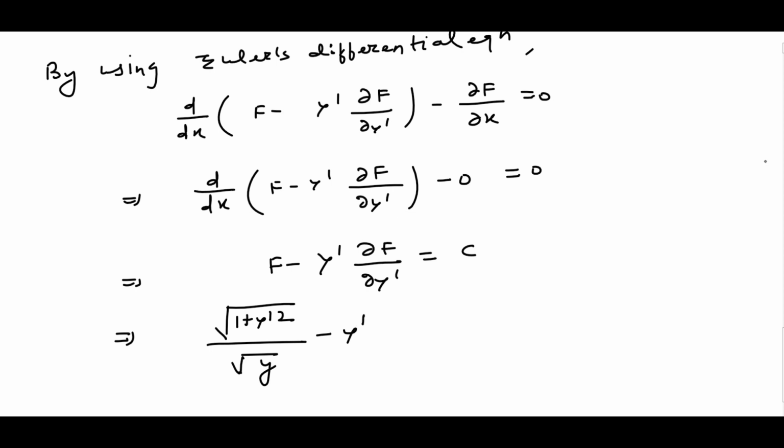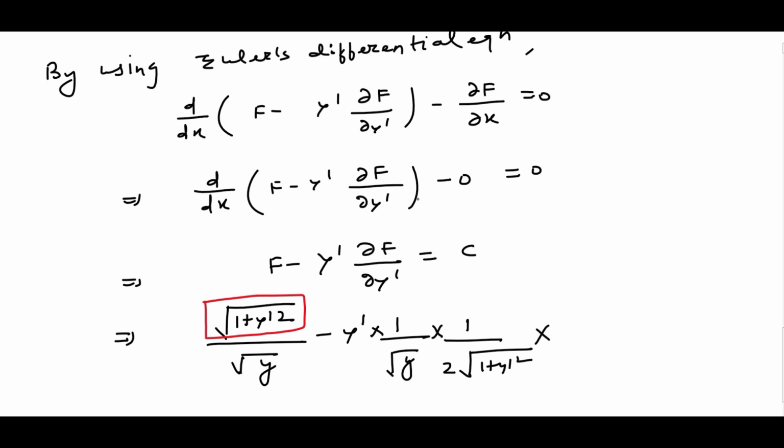It will give 1 upon square root of y multiplied by the derivative of this function with respect to y'. So it will give 1 upon 2 times the square root of 1 plus y' whole square, multiplied by 2 times y', is equal to c.